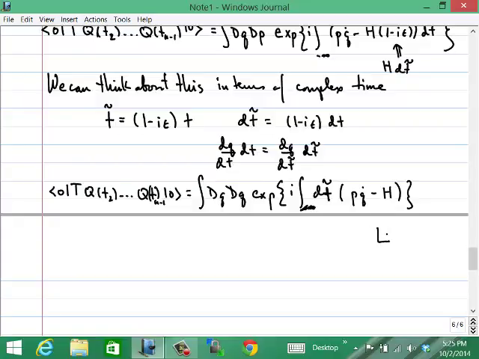Okay. So time is now complex. And instead of integrating along the real-time contour, we integrate along some slightly rotated contour that looks like that.